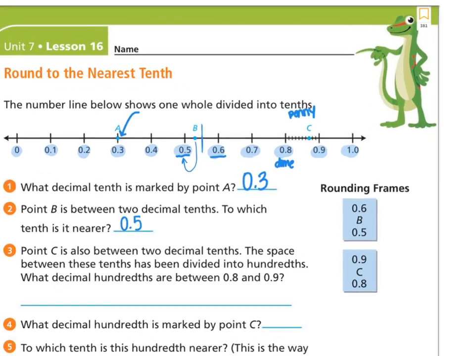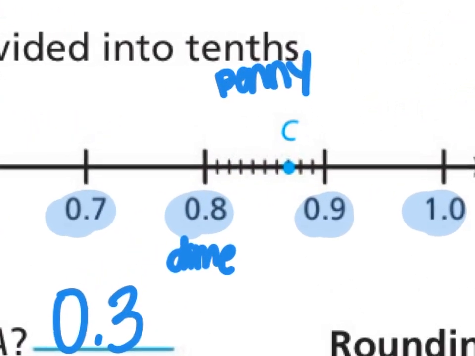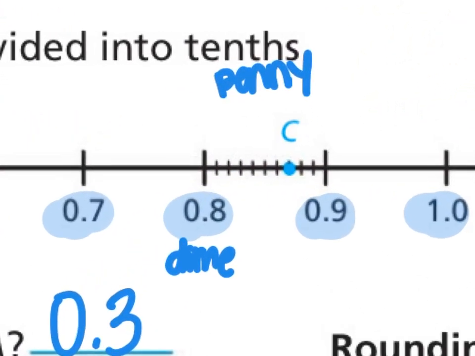With your pencil, let's count the hundredths between 8 and 9. Remember, when I make this first jump, I need to start with my hundredths, so my 8/10ths, or 80 hundredths, I begin to count up. 0 and 81, 82, 83, 84, 85, 86, 87. 0 and 87 hundredths.